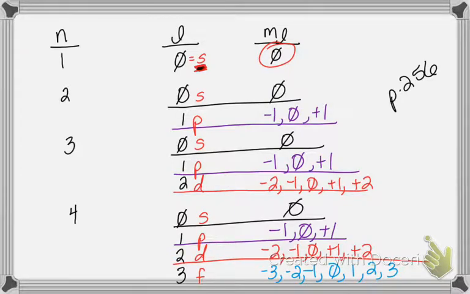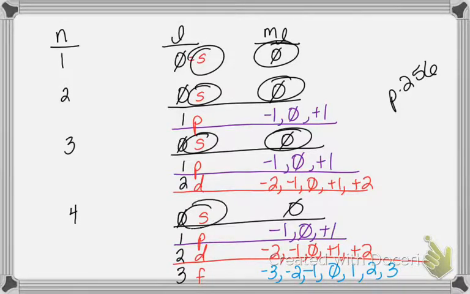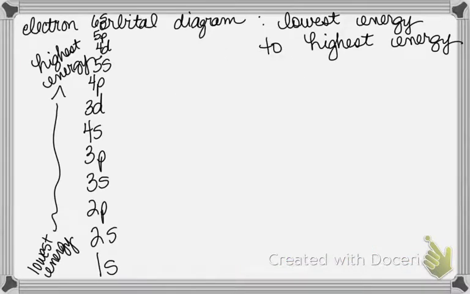So every time there's an S orbital, it only has one possible orientation in space because an S orbital only has one value here. Because it has one value, every time there's an S orbital, we're going to put one blank by the S orbitals.